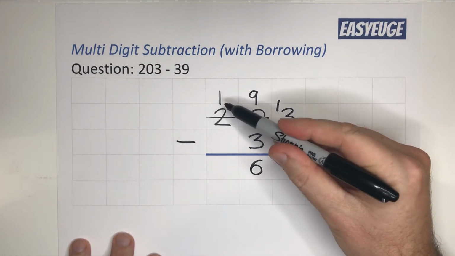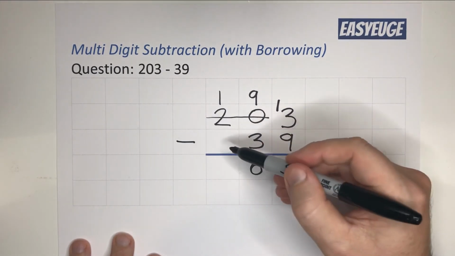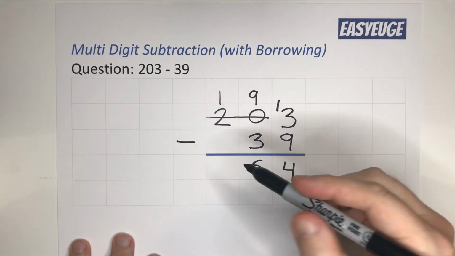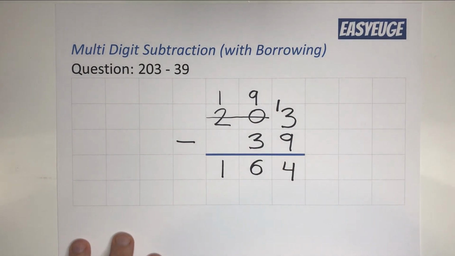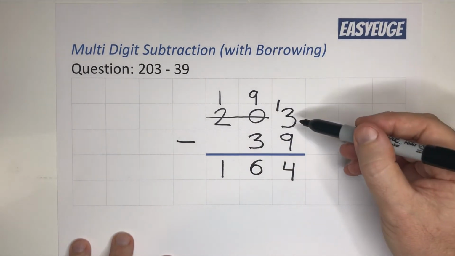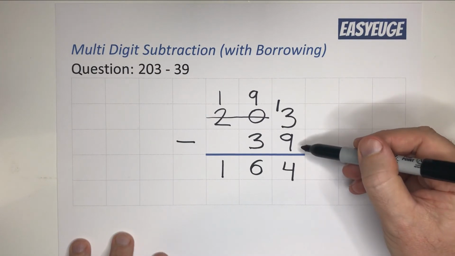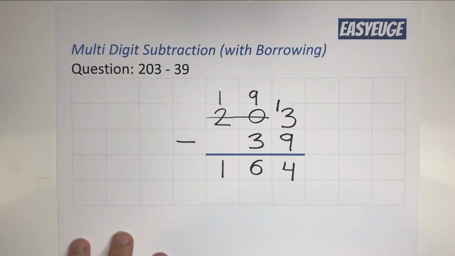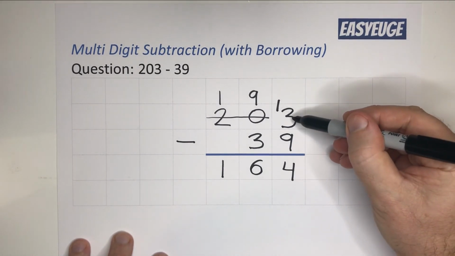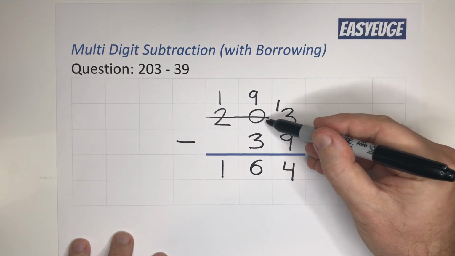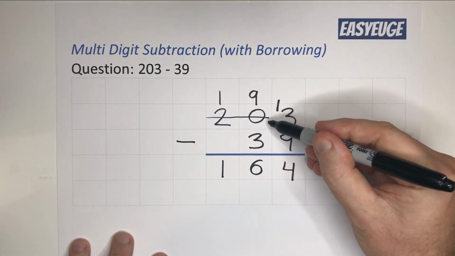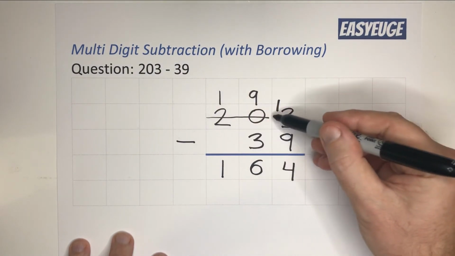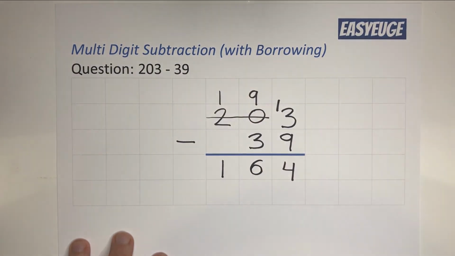And that's not a 2 anymore, that's a 1. 1 take away a blank, which is 0. 1 take away 0 is 1. Now the answer to 203 subtract 39 is 164. So this is the borrowing technique, but sometimes when you go to borrow 1 from your neighbour, there's nothing there. So you have to take the next number and take away 1 from the whole number 20 to bring it down to a 19.